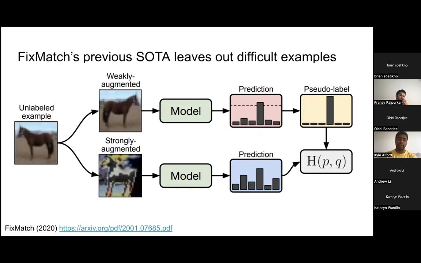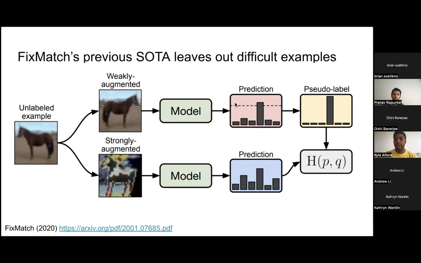I'll go into more details about the augmentation and the model later. The weakly augmented branch above is treated almost as the teacher in, for example, a teacher-student network, and its prediction is used as the pseudo label.